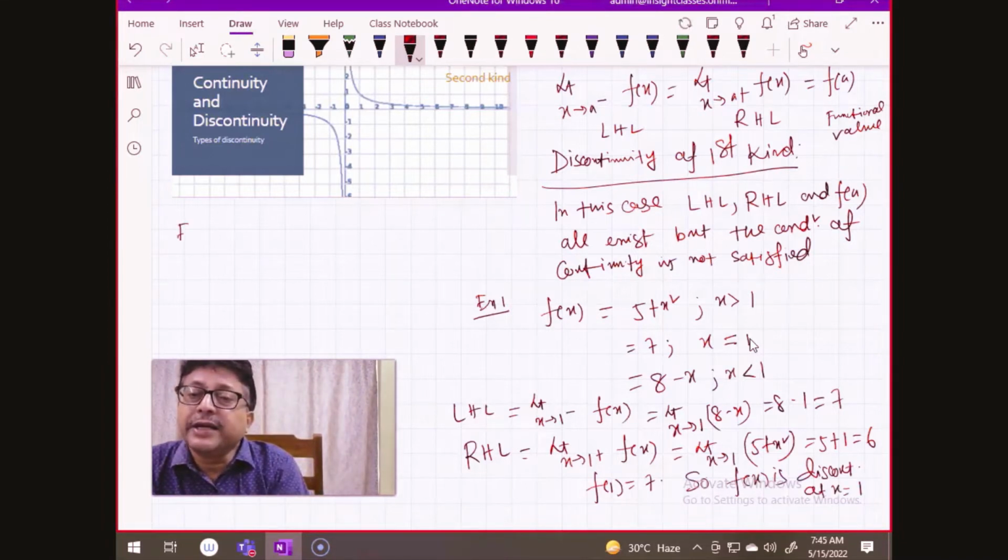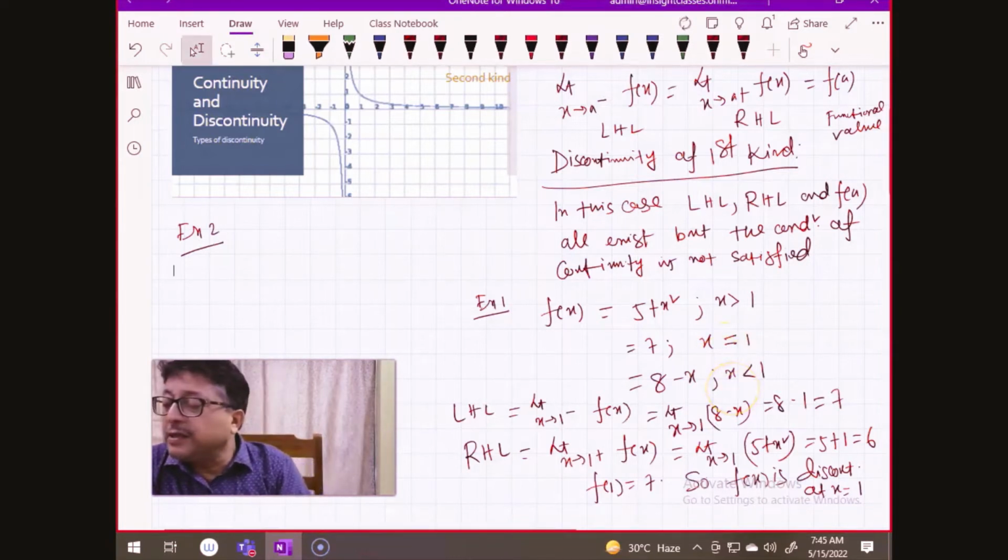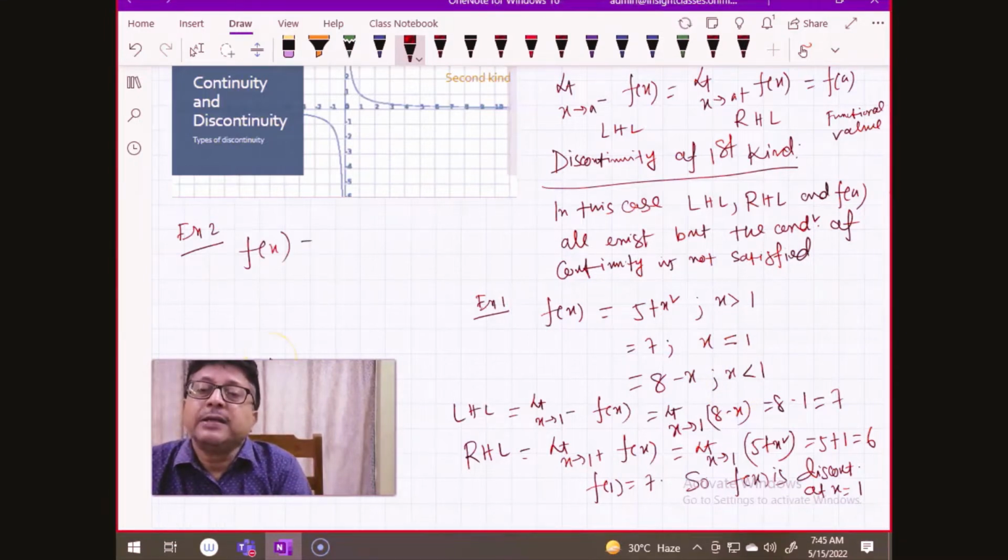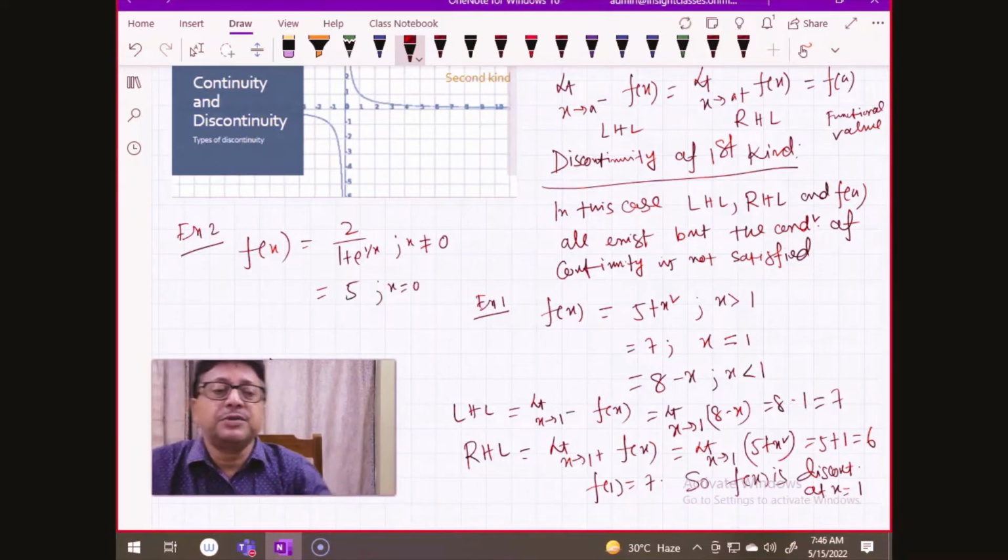Let me take the second example. Suppose you are defining a function f(x) equal to 2 by 1 plus e to the power 1 by x, when x is not equal to 0, and this is equal to 5 for x equal to 0.